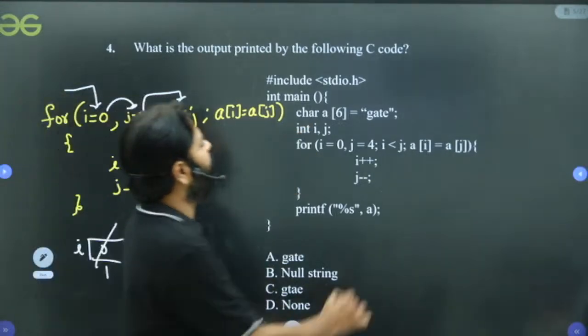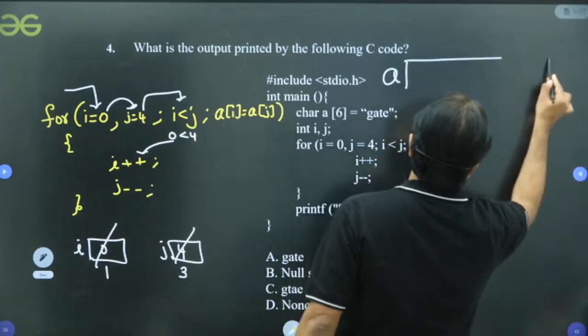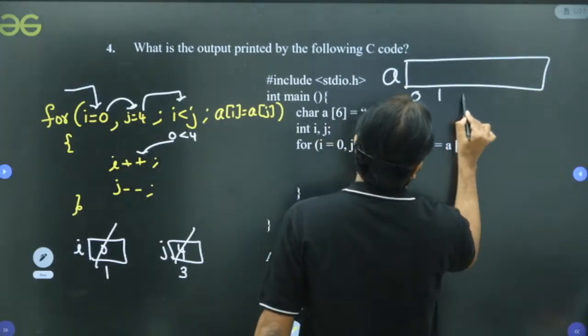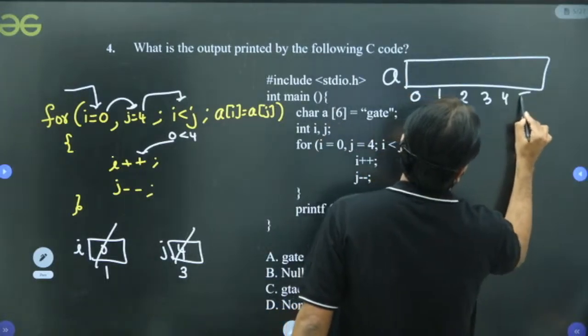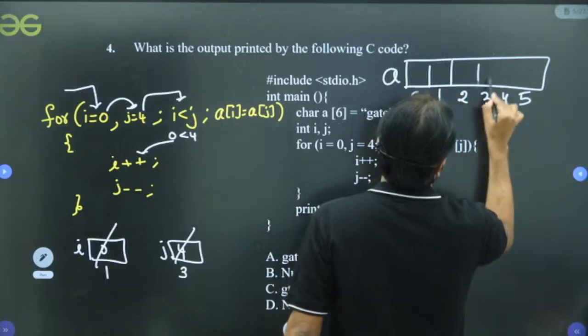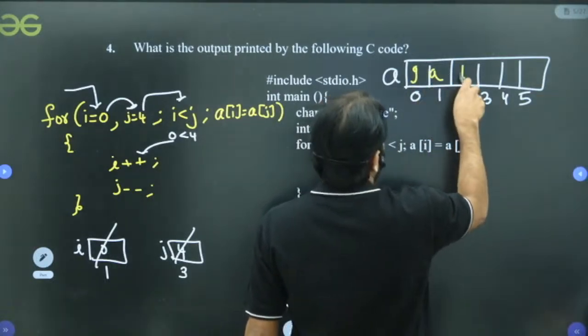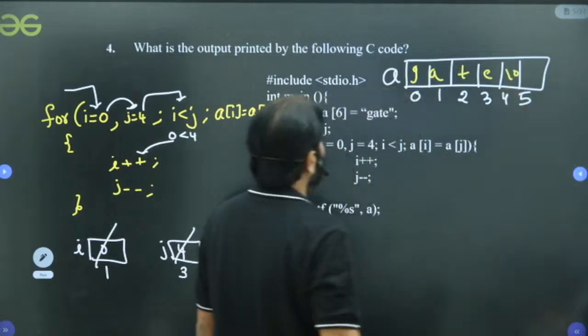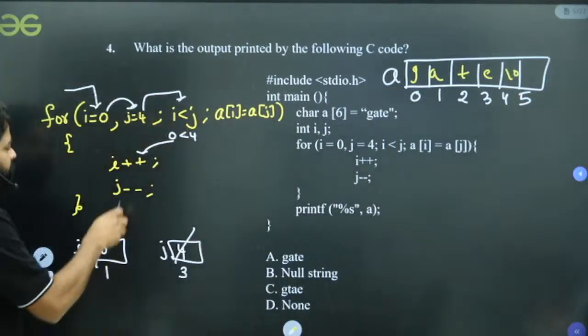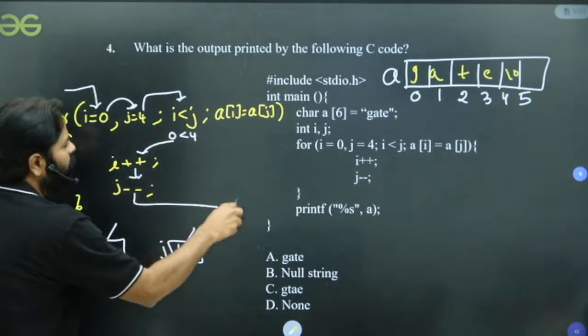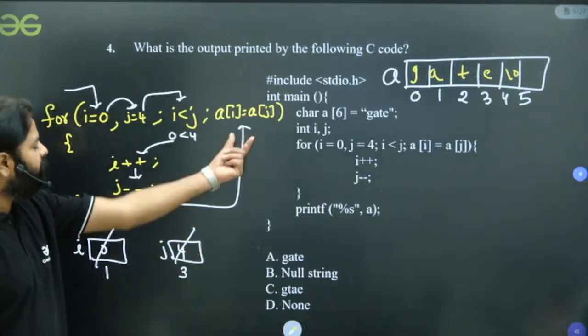अब जो ये है, now after completing this, you will go to here. Now A of J, what is A of J?